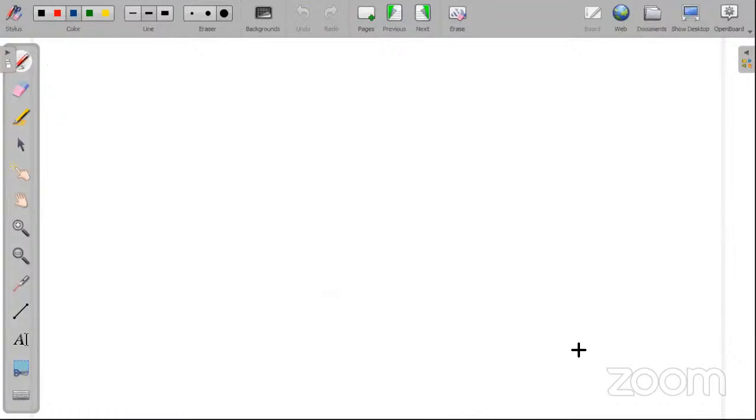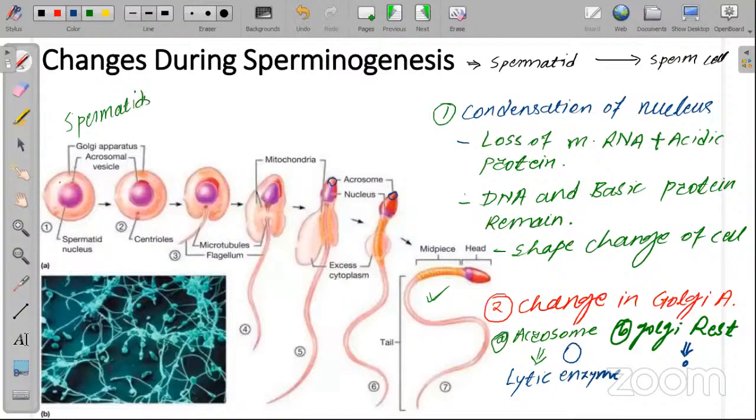Okay, so next thing is the plasma membrane. Third thing is the plasma membrane. So plasma membrane is present around this nucleus. यहाँ पर plasma membrane present है. ठीक है.